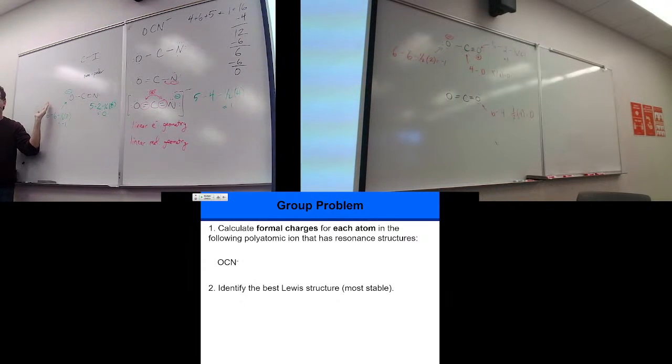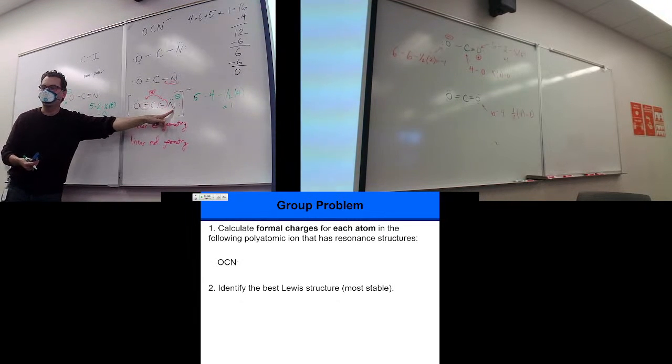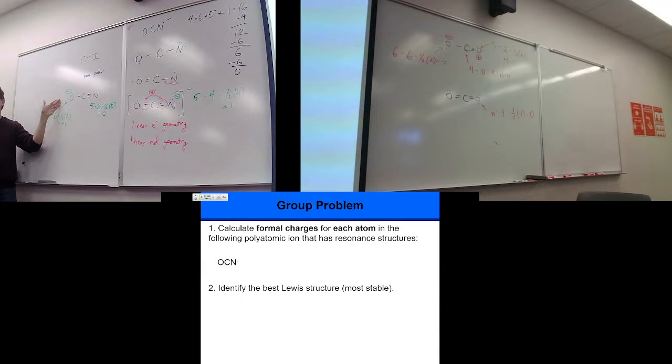Negative formal charges are better off on the most electronegative element. Oxygen is more electronegative than nitrogen is. So this is a better structure because the negative formal charge is on the oxygen instead. So that is a better Lewis structure than the one earlier that I drew. Don't forget the bracket with the minus sign on it, but this one's better.